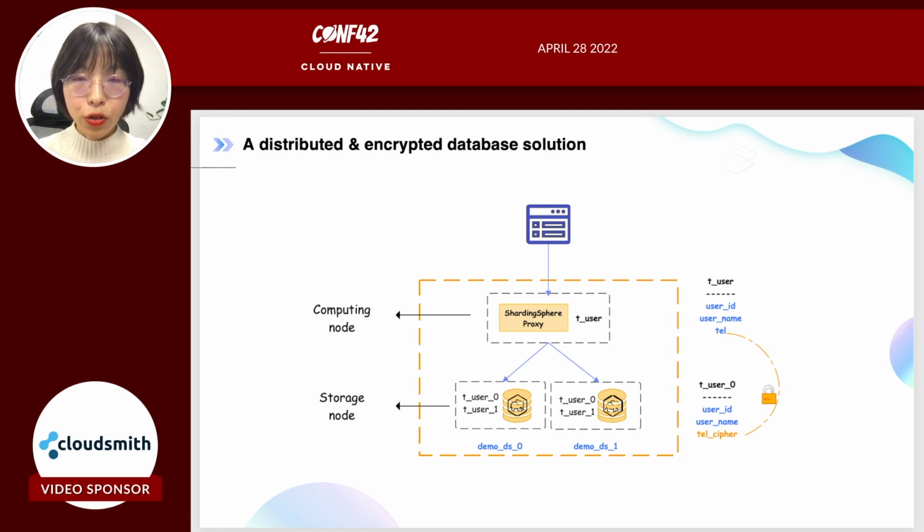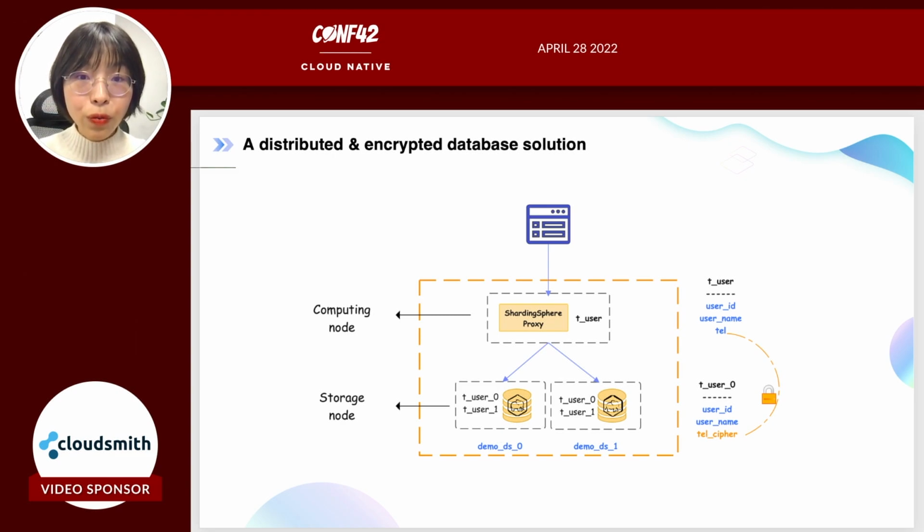But here, there are two features mentioned. First, it's the sharding, because imagine that your proxy has the logic table. I mean, the logic table is not the physical tables, because the actual tables or the physical tables are located in the two PostgreSQL instances, maybe named t_user_0 to t_user_1, and the same in demo_ds_1, right?